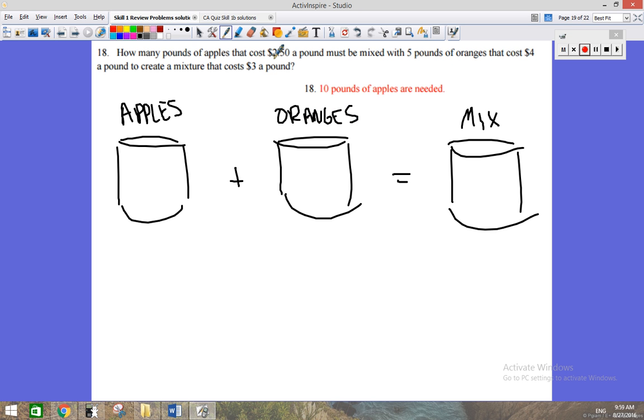And the apples, that ingredient is $2.50 per pound. Oranges are $4 per pound. The mix, we're going to sell it at $3 per pound.